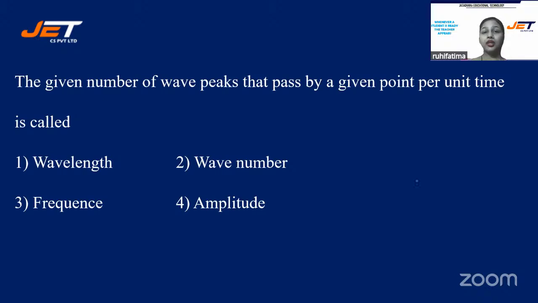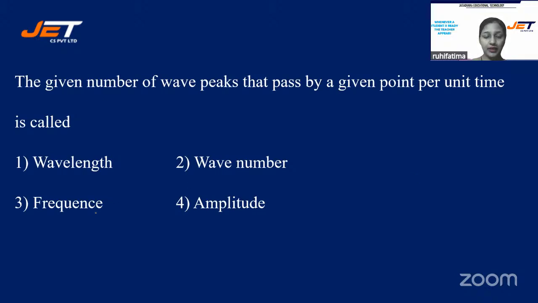The given number of wave peaks that pass by a given point per unit time is called. And your options are number one, wavelength. Option number two, wave number. Option number three, frequency.